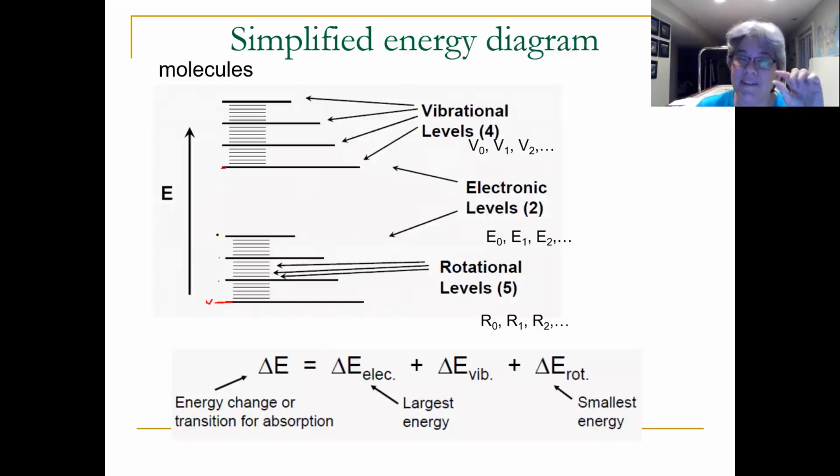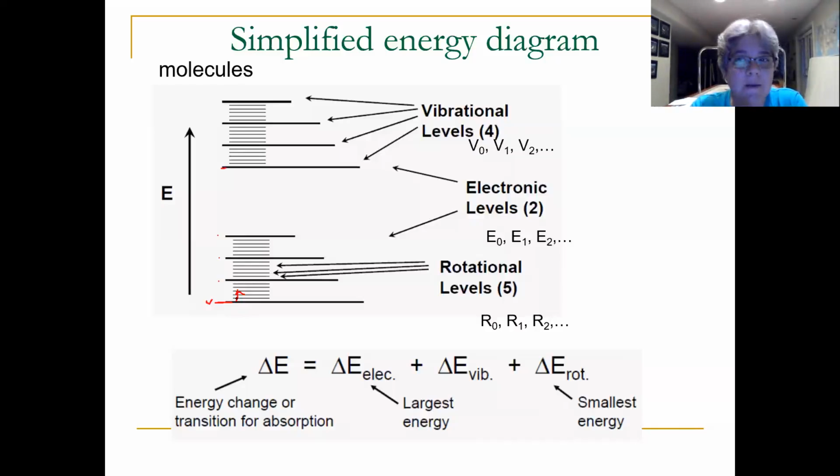Those are smaller energies. And then rotation, that's these lines here. So if we had a transition that just absorbed a little bit of energy, you know, from R0 up to R, looks like about 4, that's a rotation. So we use these diagrams to represent these transitions. Okay, that's for molecules.